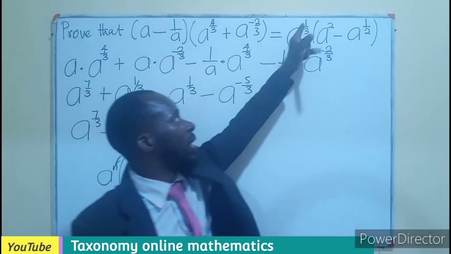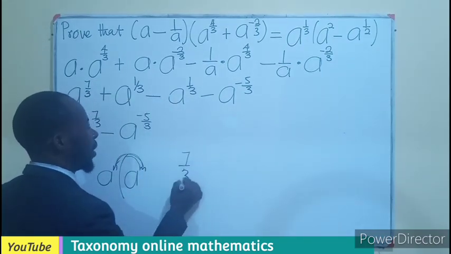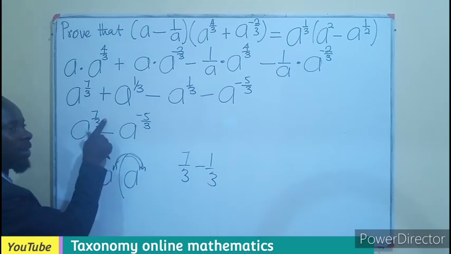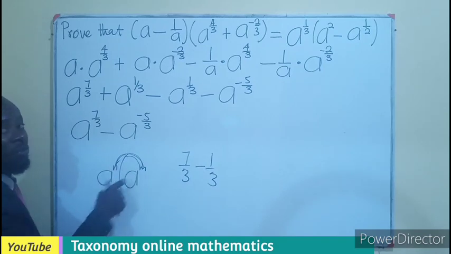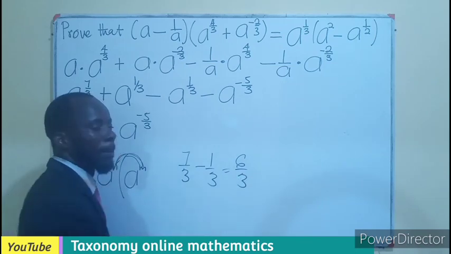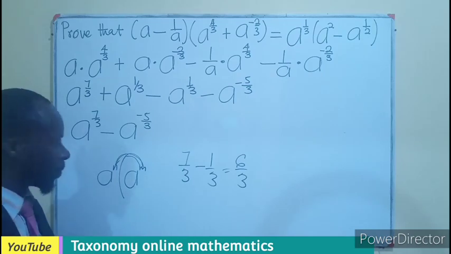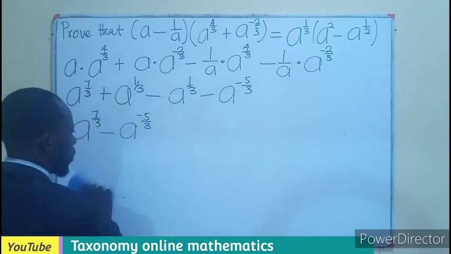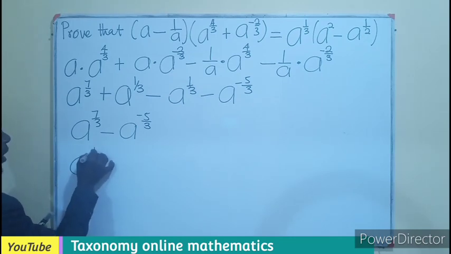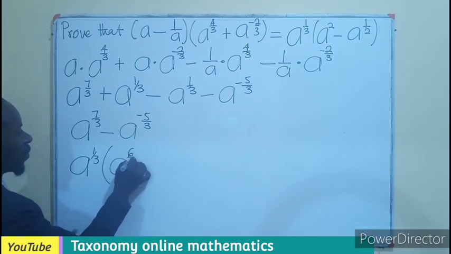Since I'm seeing 1 over 3, let me take that out and see that 7 over 3 minus 1 over 3. This plus this gives me this. Therefore, this minus this should give me the remaining one. The same base, we have 6 over 3. So it means here becomes a exponent 1 over 3 into bracket a exponent 6 over 3.